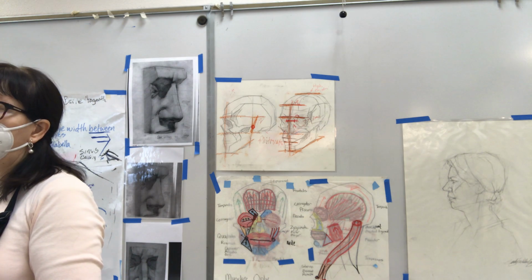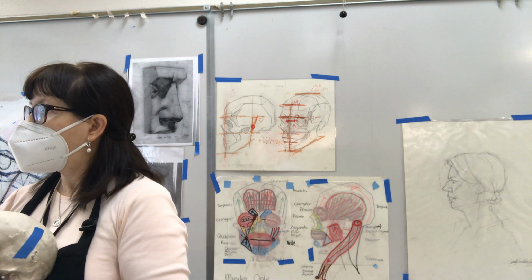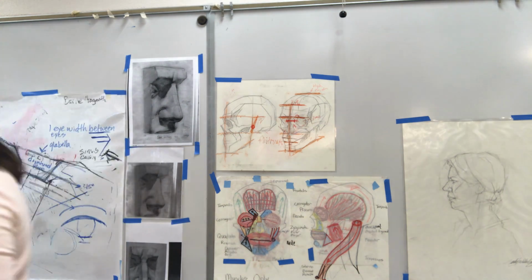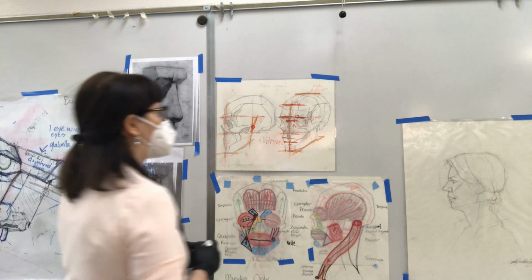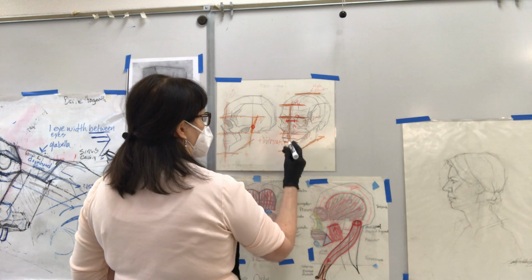So what's important about the orbital cavity? Anyone? Okay, so the main importance of that orbital cavity, it's a housing for the structure of the eye. It starts right here.